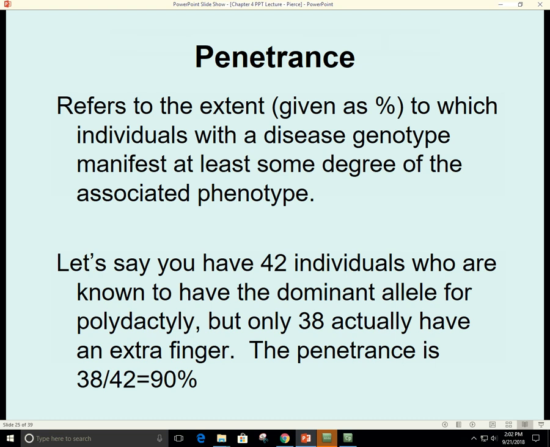So 90% penetrance is a way of saying, well, most of the individuals who have the genotype also have the phenotype. But if you think about it from the other side, it's also saying that not everyone who has the genotype has the phenotype. So that's an actual thing.